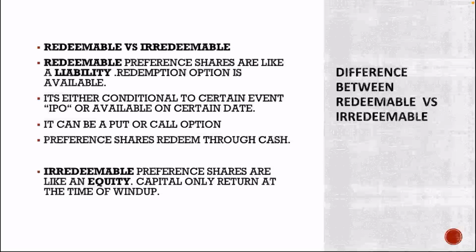Maybe it is a call option, maybe a put option. A call option is called by the issuer. A company will call those redeemable preference shares, redeem them, and pay them the cash, and there will be no more preference shareholders. They will no longer get any interest payments.